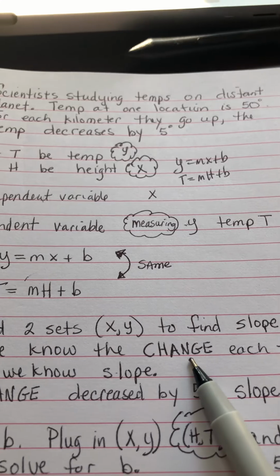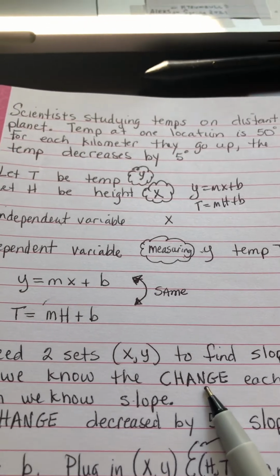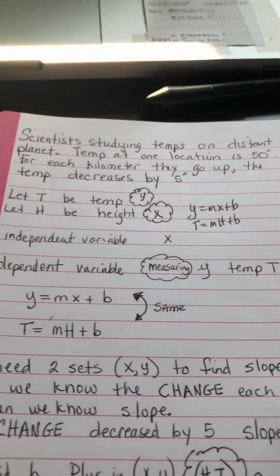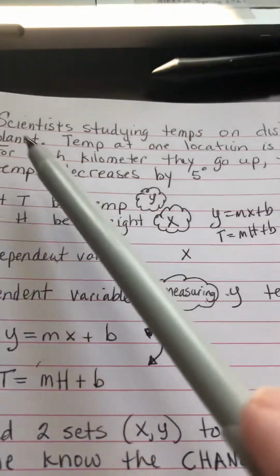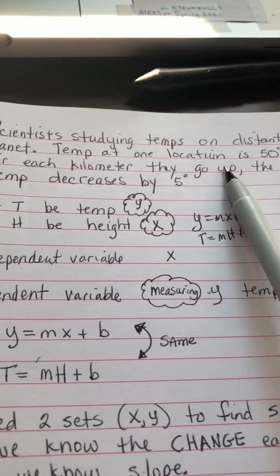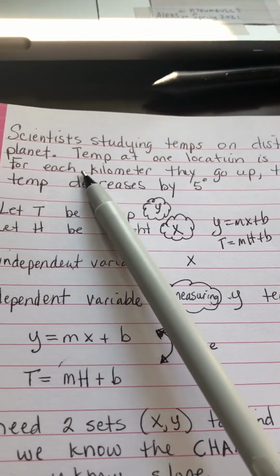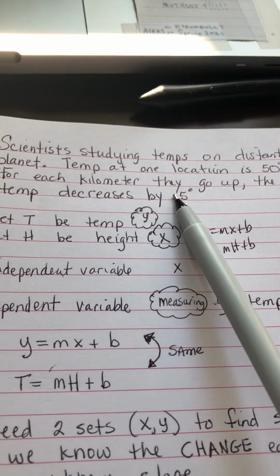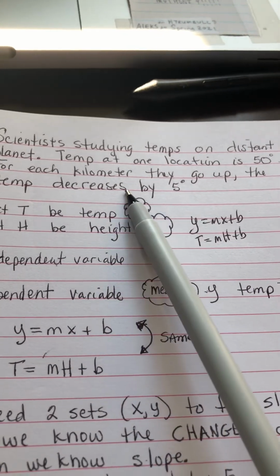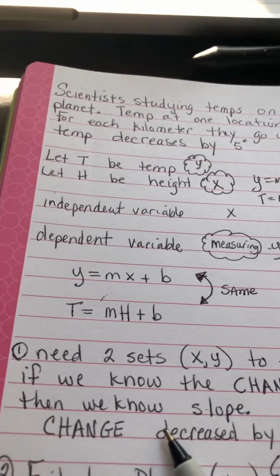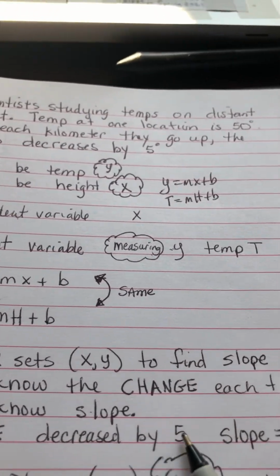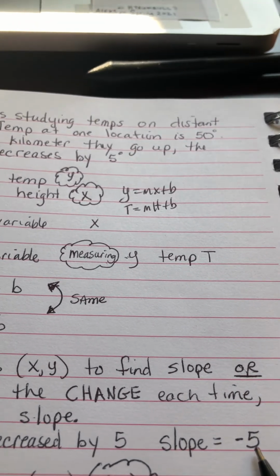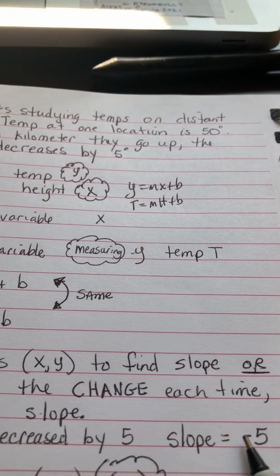Slope means how does it change from one situation to another. They said each time they went up 1 kilometer, each time they changed their height, the temperature decreased by 5 degrees. So now we know the slope for this case, the change, is -5, because it decreased by 5. So step 1, to find your slope, they've given it to us. It's -5.